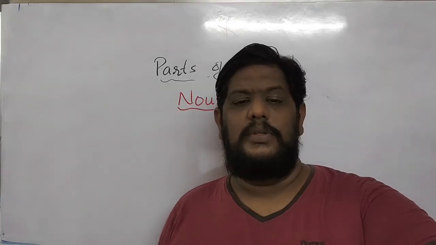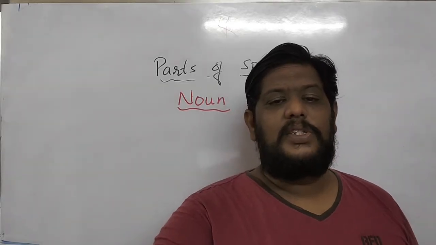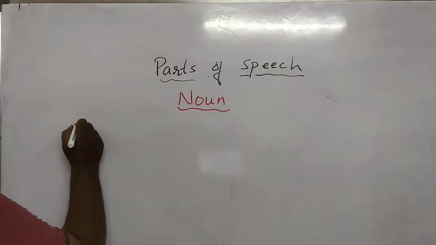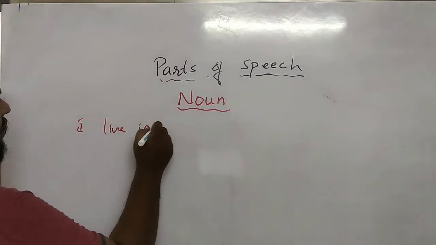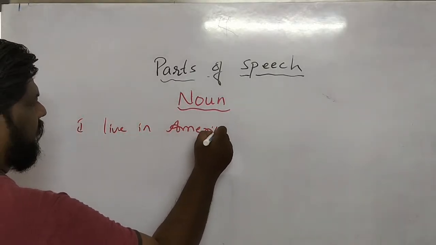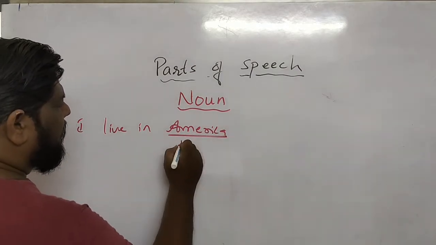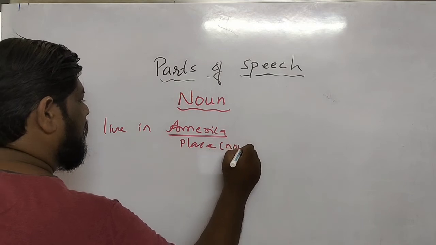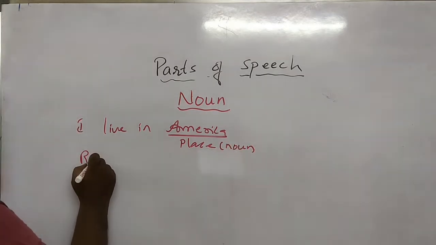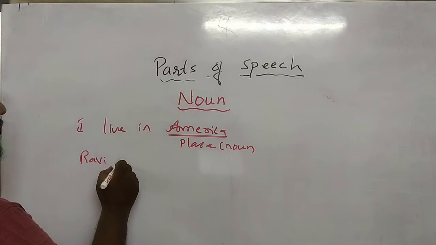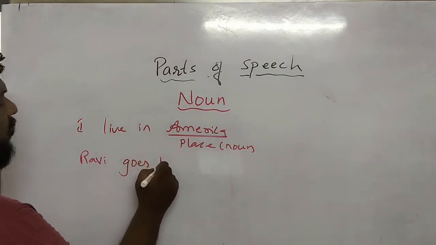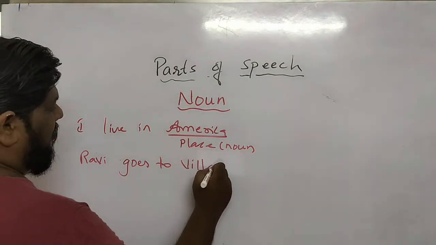Now coming to a few examples. You can see on the screen, I have given you a few examples. I live in America. America is a place, so this word America is a noun. Ravi goes to village.